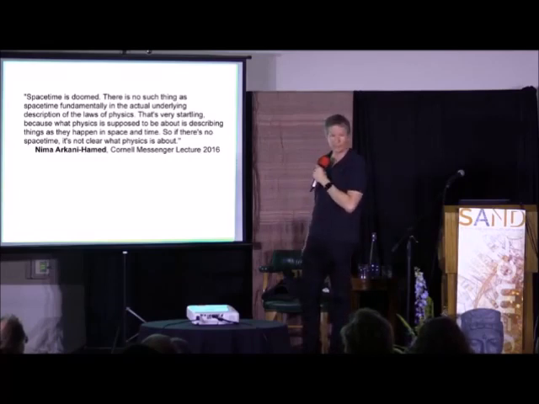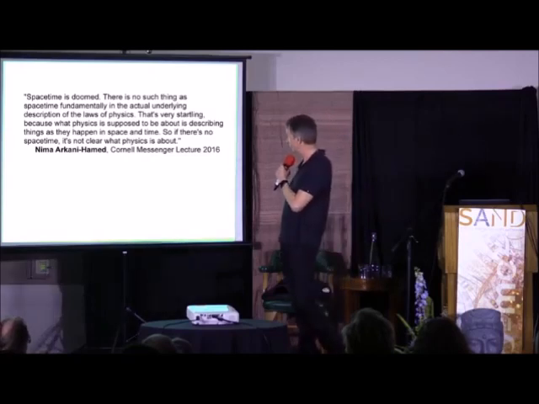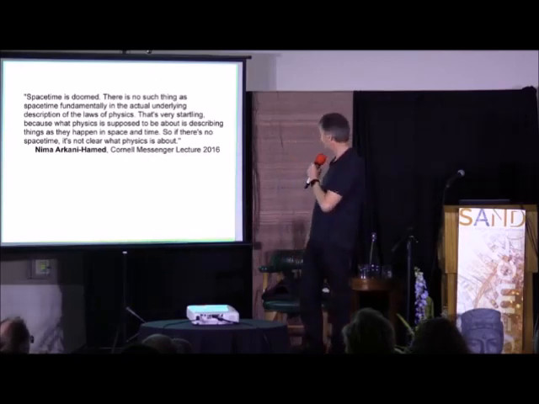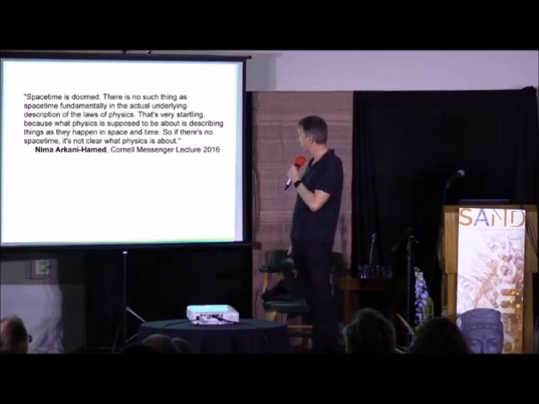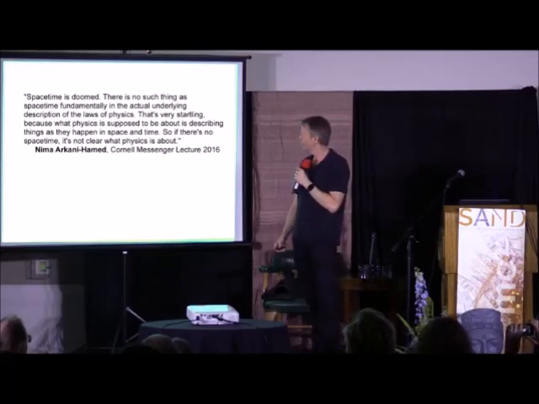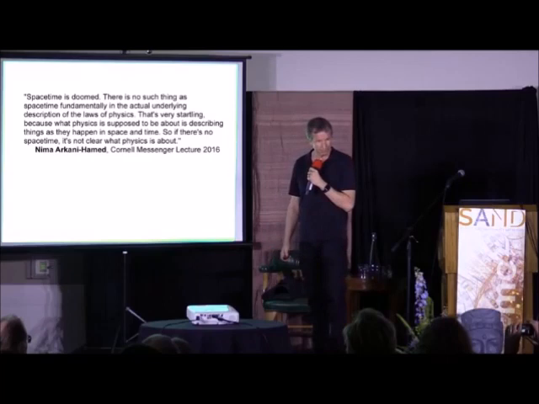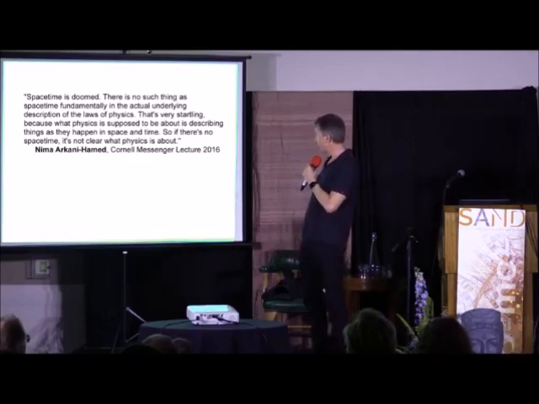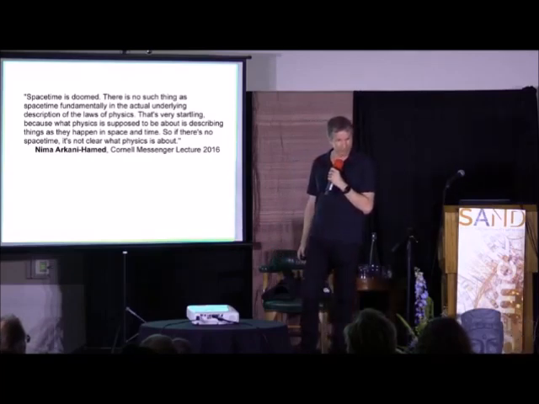There is no such thing as space-time fundamentally in the actual underlying description of the laws of physics. That's very startling, because what physics is supposed to be about is describing things as they happen in space and time. So if there's no space-time, it's not clear what physics is about.